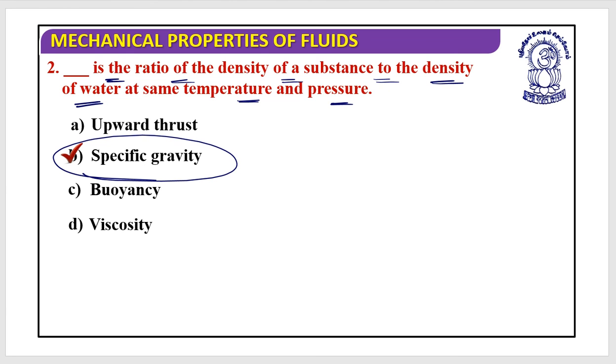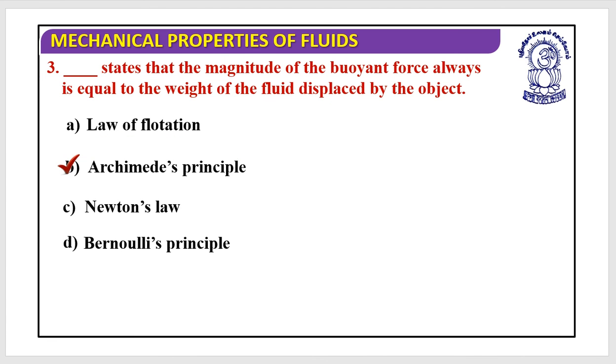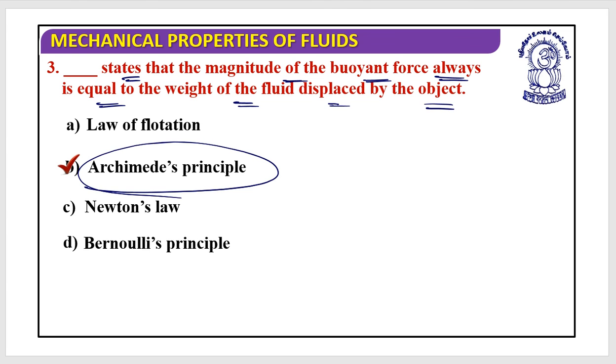Yes, specific gravity is the ratio. Next, blank states that the magnitude of the buoyant force is always equal to the weight of the fluid displaced by the object. Yes, it is the Archimedes principle that states this.